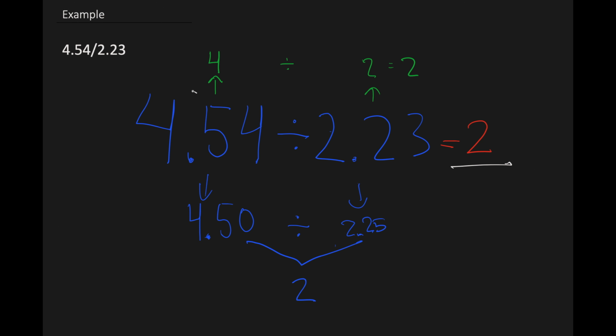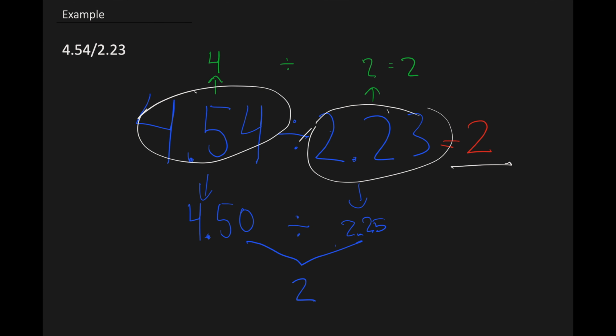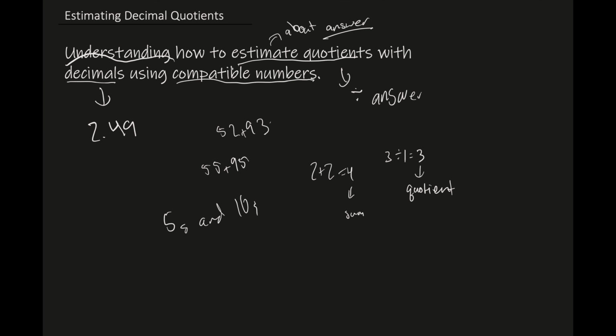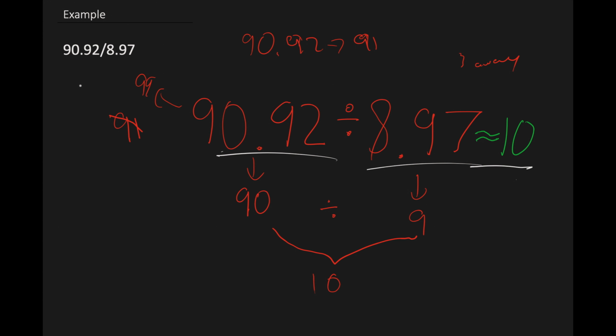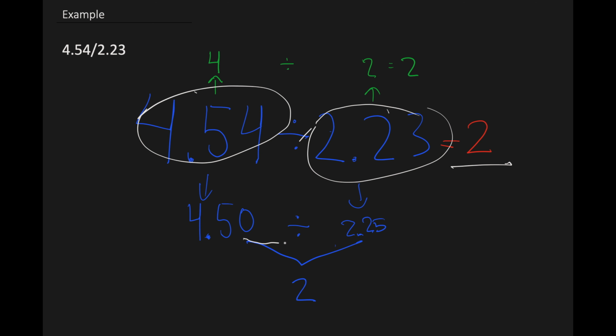That's a decimal. And that's a decimal. And now compatible numbers. Did we use that? Let's check. These two numbers are compatible, so those are compatible numbers. Those two numbers are compatible. So it looks like we did a good job of following our objective and understanding the lesson, which is why there is no problem time.